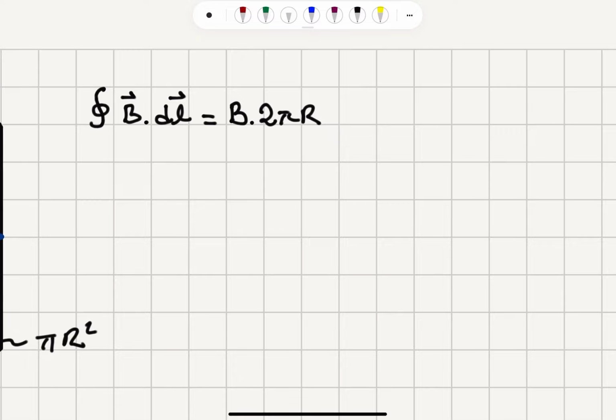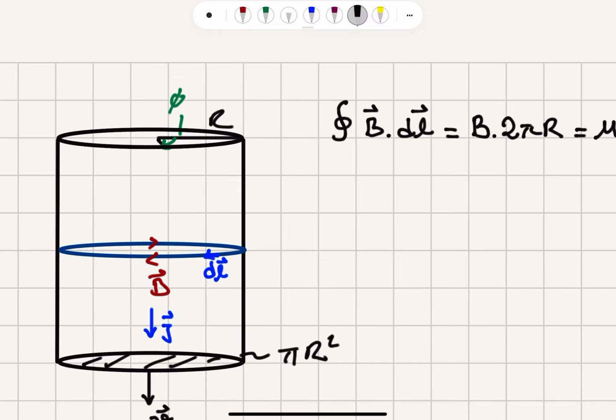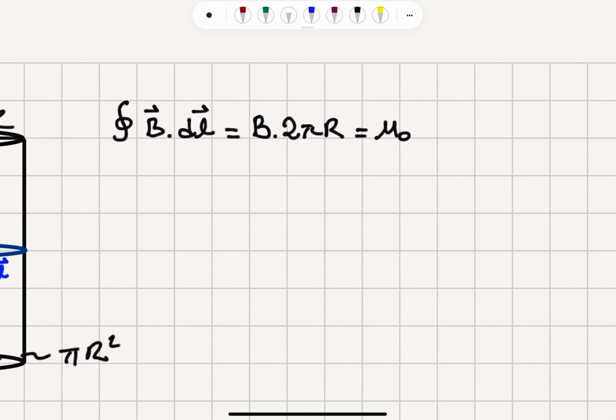This is mu 0 times current enclosed, mu 0 permeability of free space times current enclosed. What is the current passing through this loop? It is J times the cross-sectional area pi r square. So this is mu 0 J times the area.